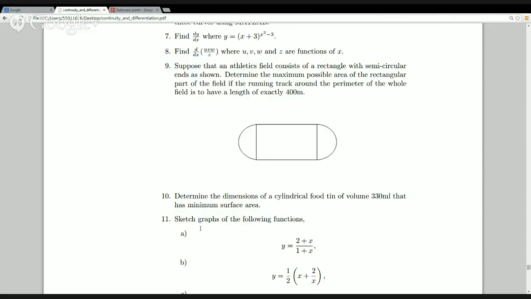So we can say that the stationary points of A are the solutions to its derivative, dA/dL, which is 400 over pi minus 4 over pi L equals 0.